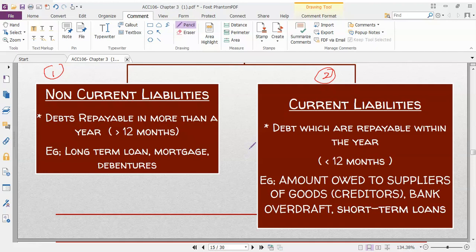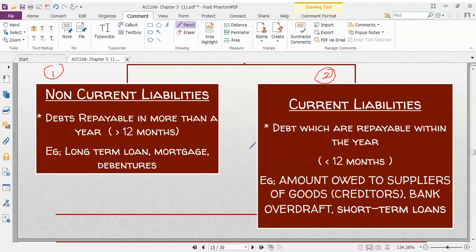Okay, so kalau non-current maknanya apa? Kita kena bayar hutang tersebut lebih daripada setahun. Kan, betul tak? More than 12 months. Okay. So, dalam jangka masa yang panjang, okay, tempoh untuk kita bayar balik tu lama. Okay, sebab apa salah satunya tempoh lama?